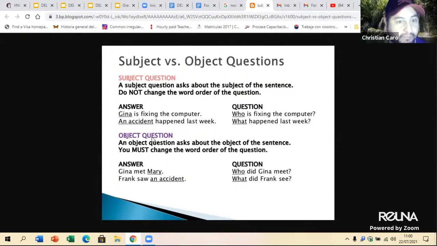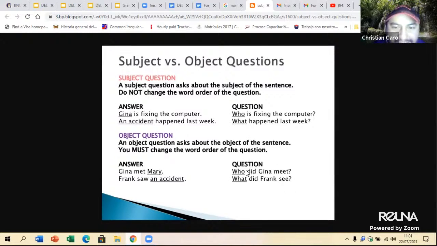Y hay otra que es object question, which is asking about the object. You must change the word order of the question in this case. For example, who did Gina meet? Or what did Frank see? So in this case, you can see the difference. You know?